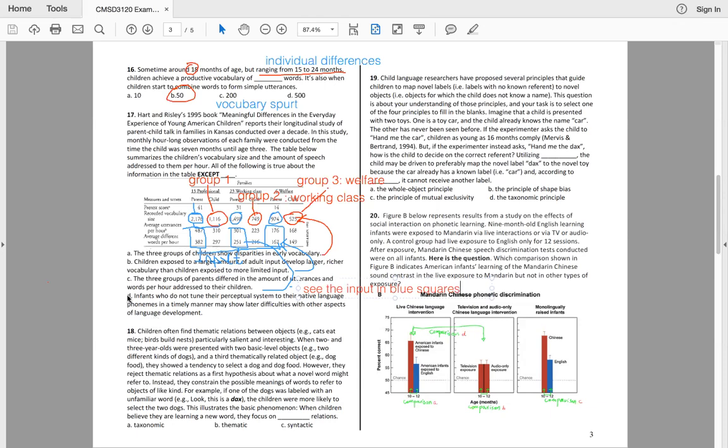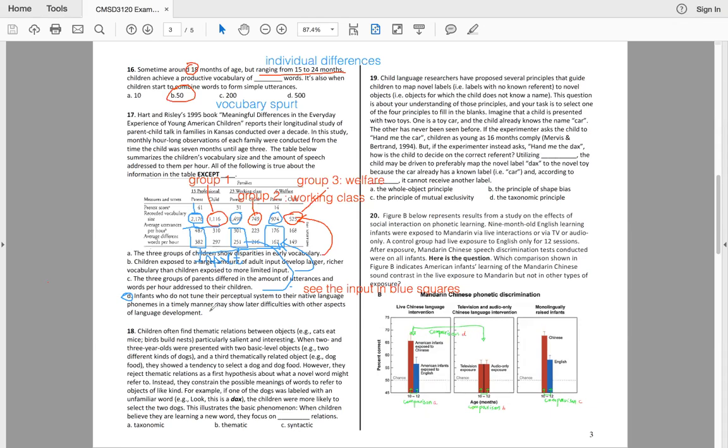Number D, so you know that the answer is clearly indicated, because statement D is about speech perception development. Infants who do not tune their perceptual system to the native language phonemes in a timely manner may show later difficulties with other aspects of language development.